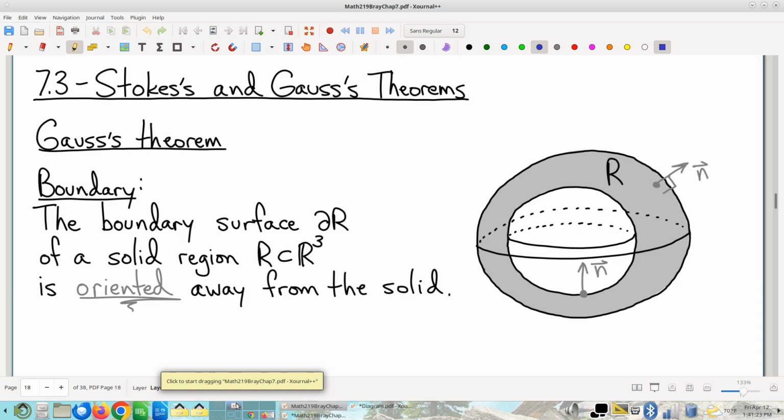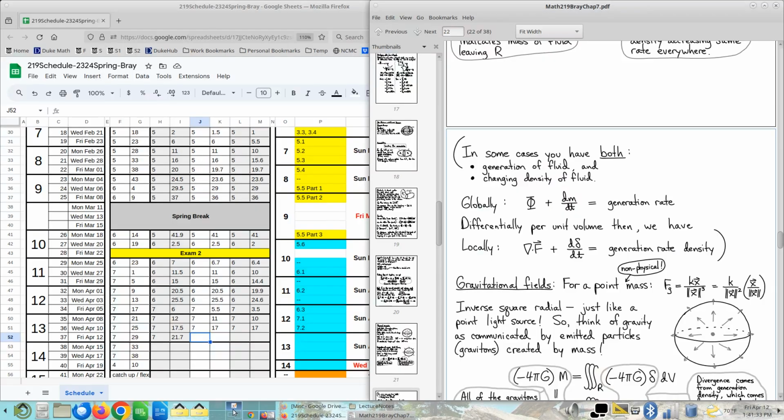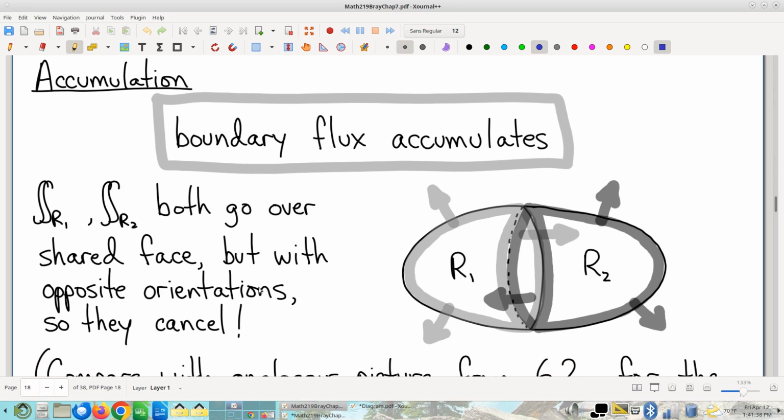So, okay, just a reminder. As with the chapter 6 theorems, we're going to talk about boundaries and what the orientation means on boundaries. We are going to talk about an accumulating quantity, and we're going to establish that it is, in fact, an accumulating quantity.